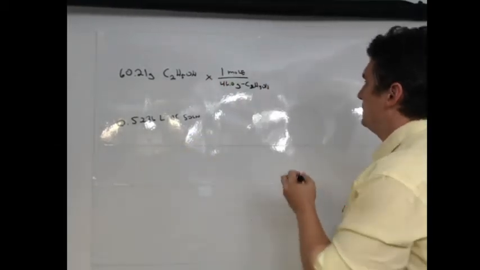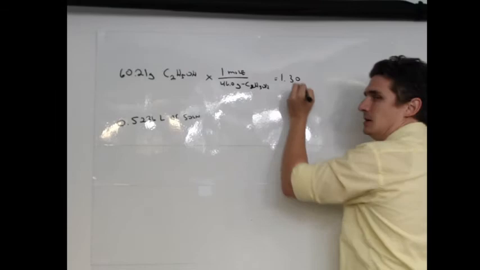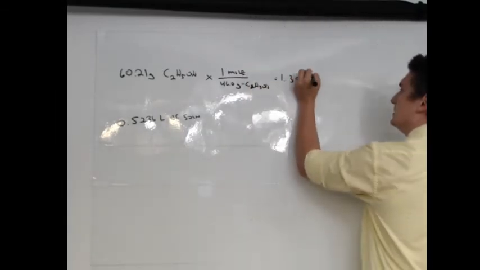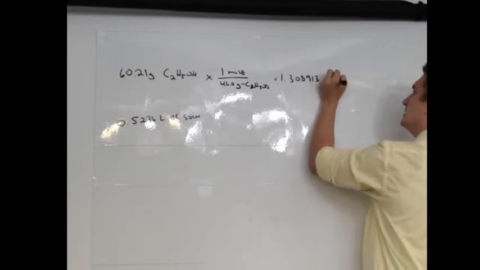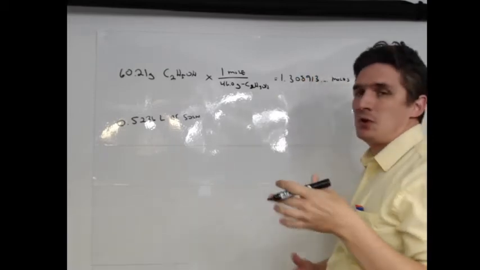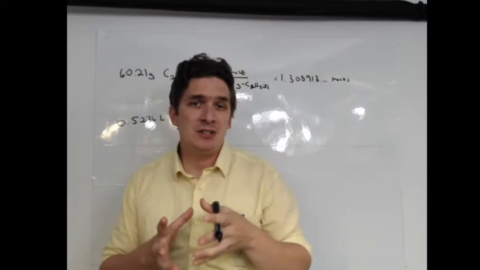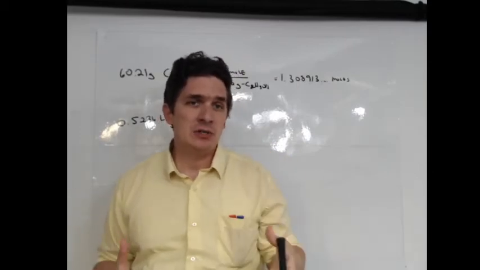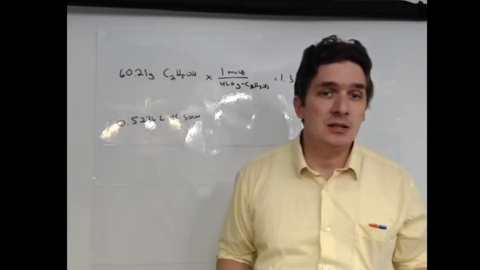And this will give me 1.308913 moles. So for all intermediate calculations, make sure that you're carrying everything out. You're not going to want to round, you're not going to want to do significant figures until you get to the very end of the problem.